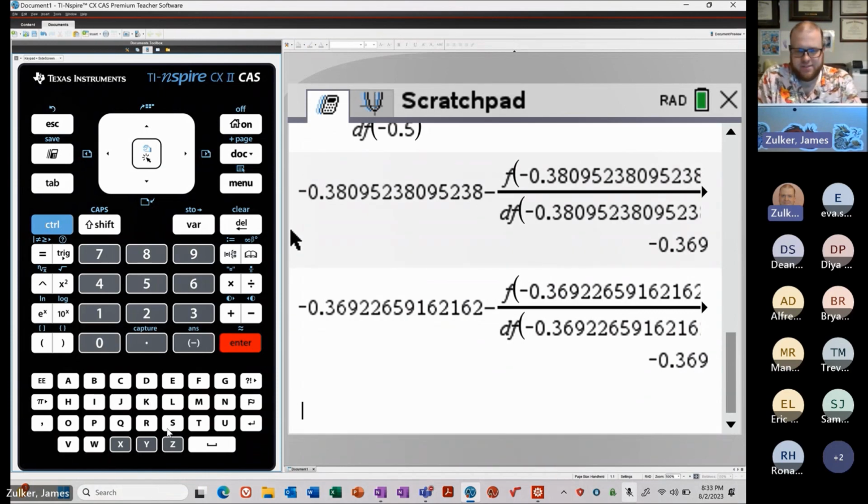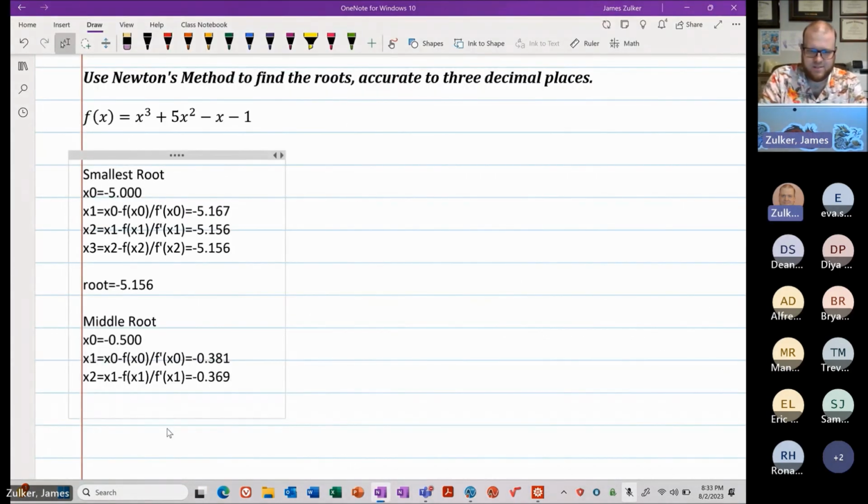Negative 0.369. They agree. So that's the root to 3 decimal places.